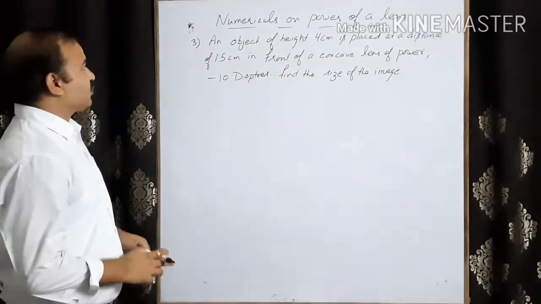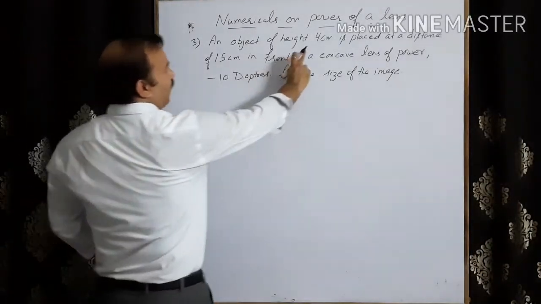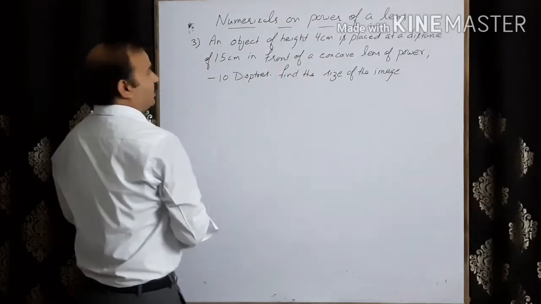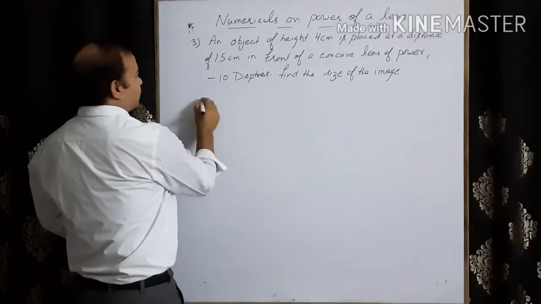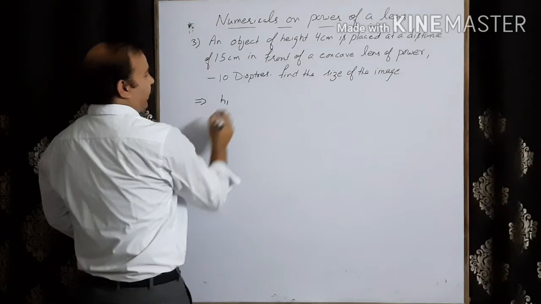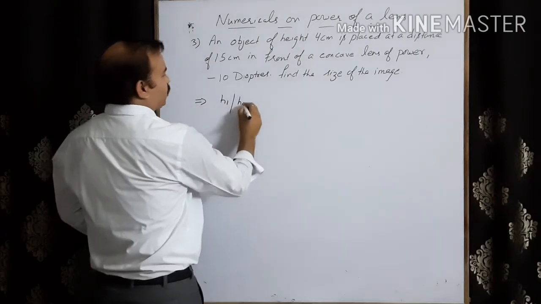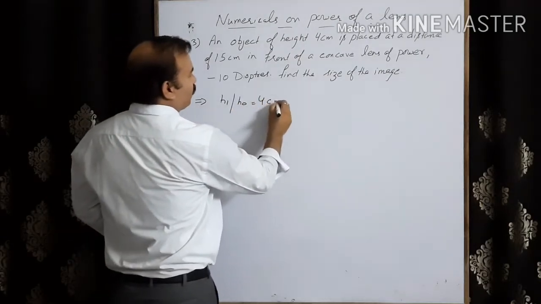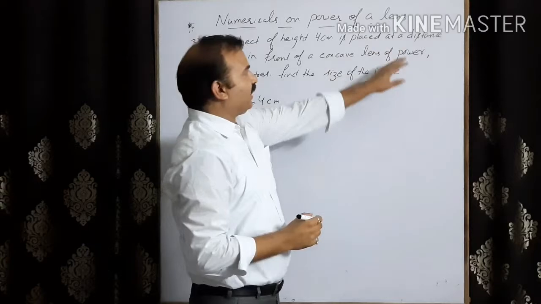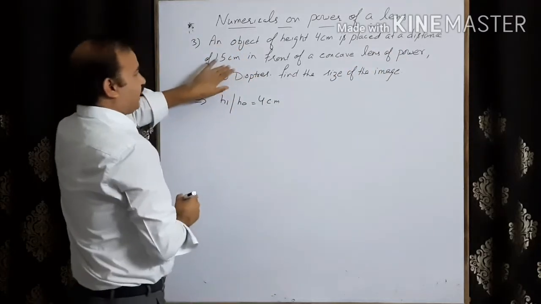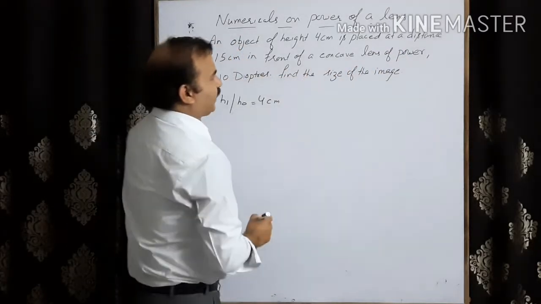Now, next numerical: an object of height 4 centimeter. Fine. Object, it means either we write h1 or we write ho, that is equal to 4 centimeter, is placed at a distance of 15 centimeter in front of a concave lens.